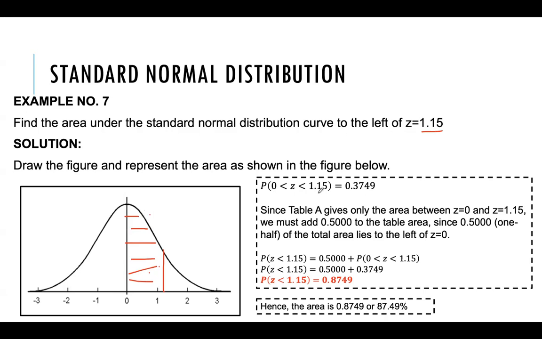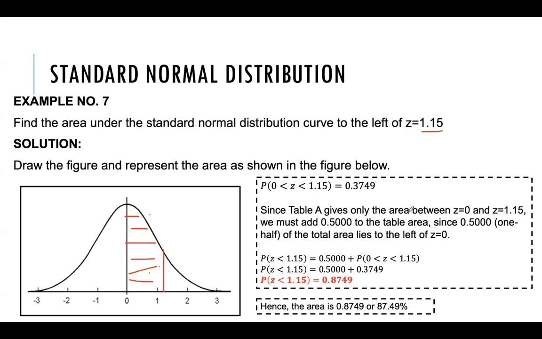So in the table 2.9, yung z value na 1.15, ang binibigay lang doon na area is between the z value of 0 and the z value of 1.15.